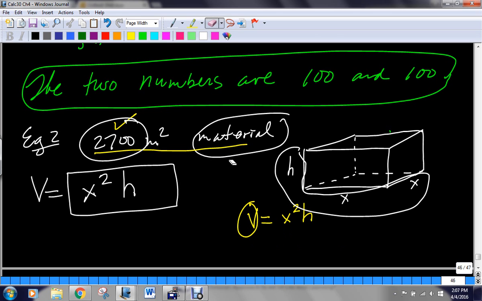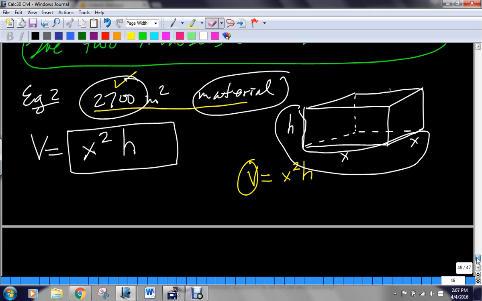The equation connecting 2,700 meters squared of material and the variables in our diagram looks like this. We've got an open top, but we do have to account for surface area. So we're going to have x squared, that's the area of the bottom, and then plus h times x plus h times x plus h times x plus h times x, 4 times.